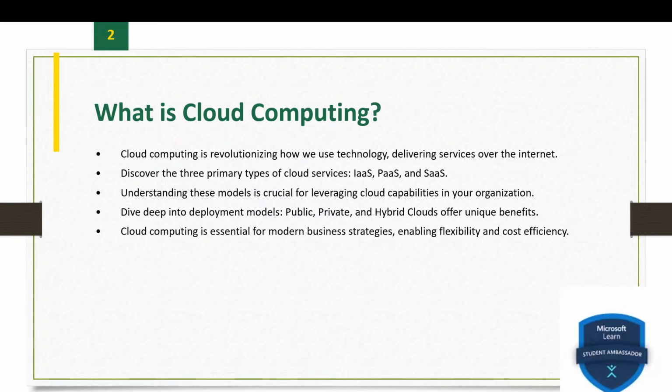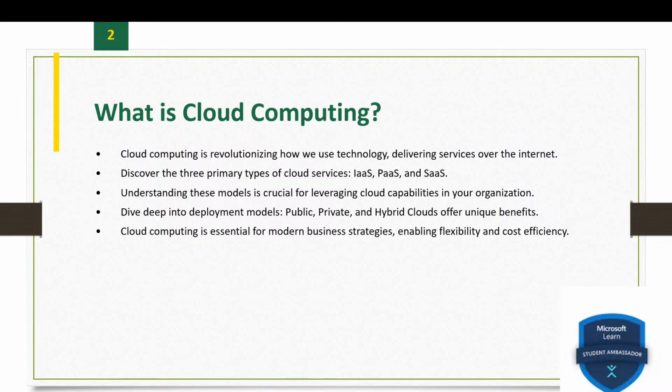For example, Microsoft Azure virtual machines. And number two is platform as a service, PaaS. It provides a platform that allows users to develop, run, and manage applications without dealing with the underlying infrastructure. For example, Azure App Services, where developers can build and deploy web apps without worrying about managing servers.